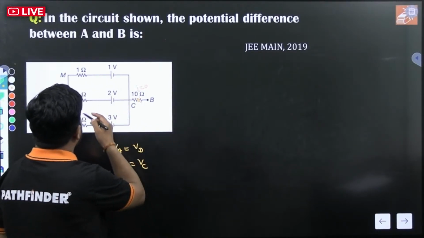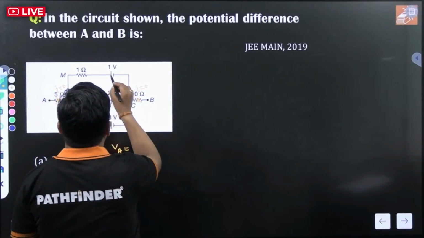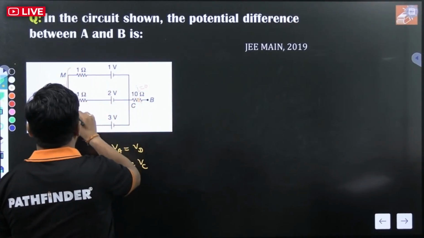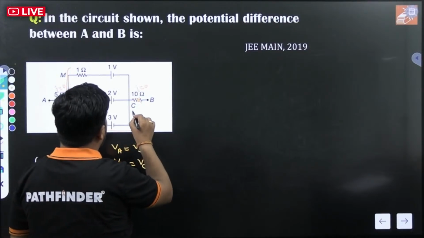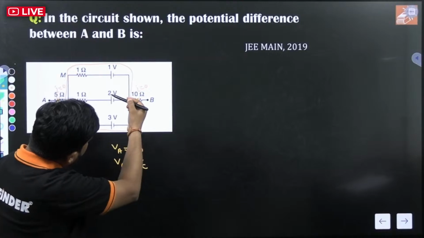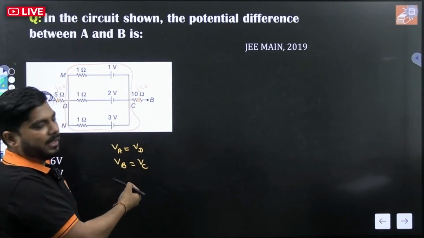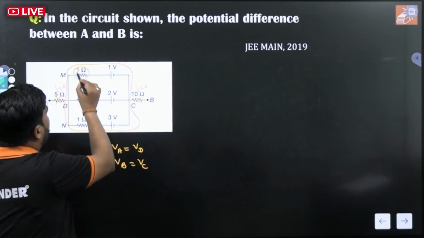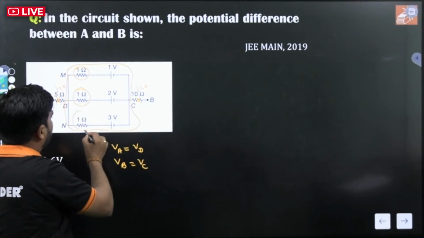Now, how to proceed? Can we consider this circuit? This is a question of mixed grouping, where the batteries are connected in parallel and have internal resistances of 1 ohm, 1 ohm and 1 ohm.